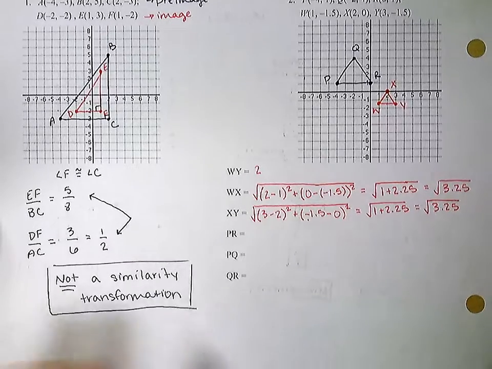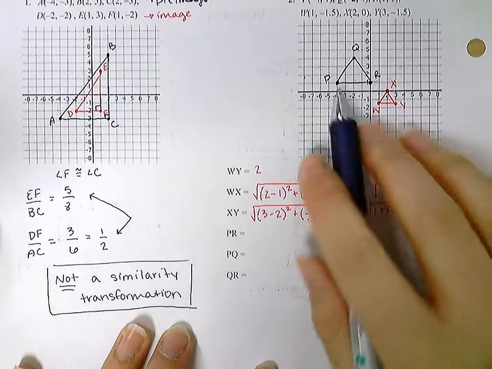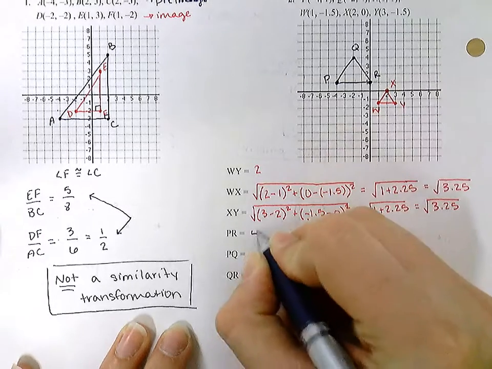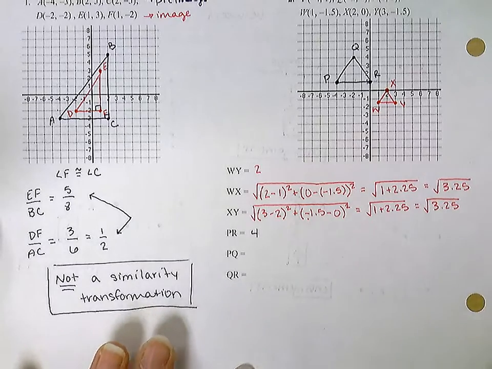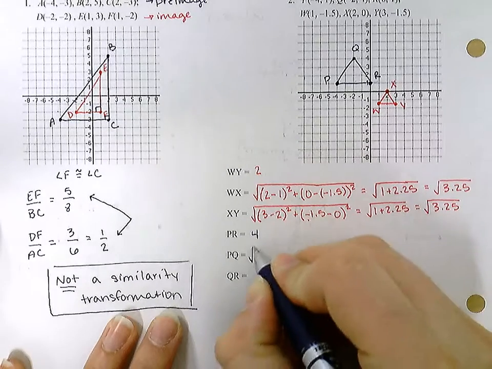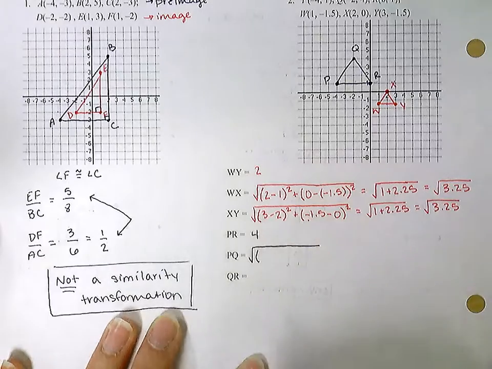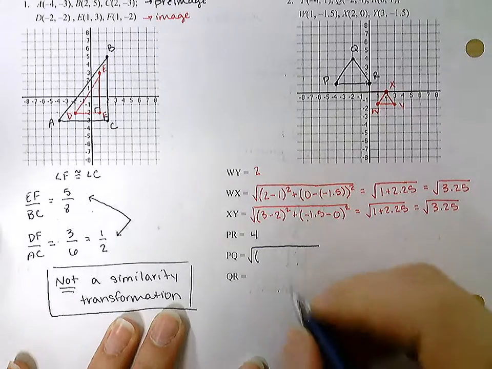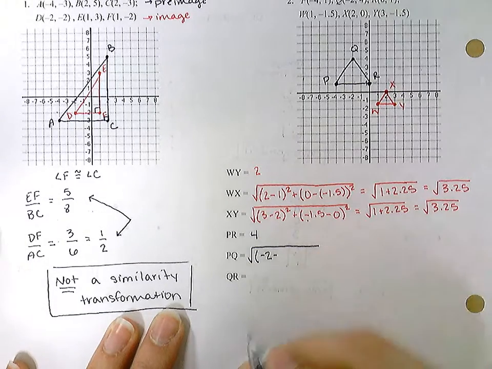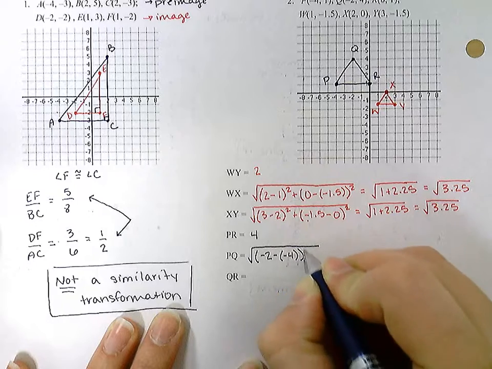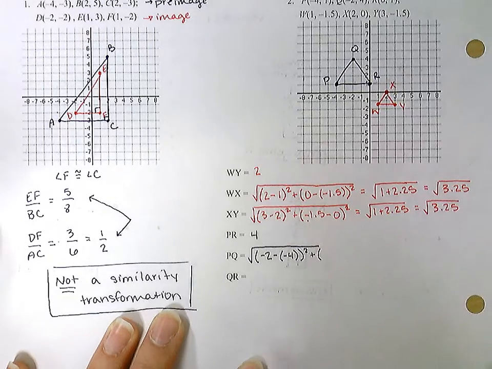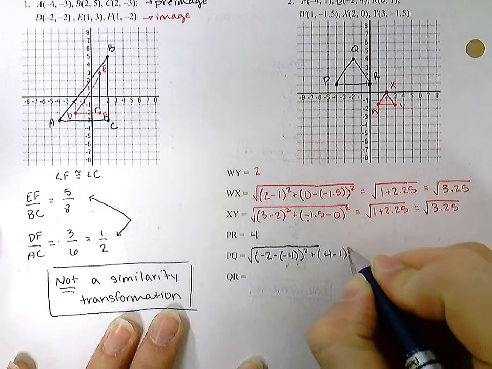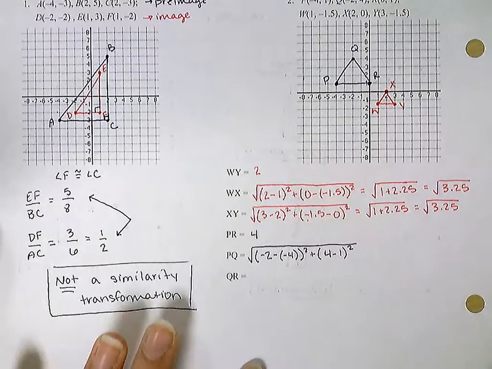Next, I want my pre-image. So I have side PR. That's the one along the horizontal here, so I can count. So it is 4. Then PQ, using our distance formula, using the points from above in your problem. So I need x sub 2 is negative 2, minus x sub 1 is negative 4, that quantity squared, plus y sub 2 is 4, minus y sub 1 is 1, that quantity squared.